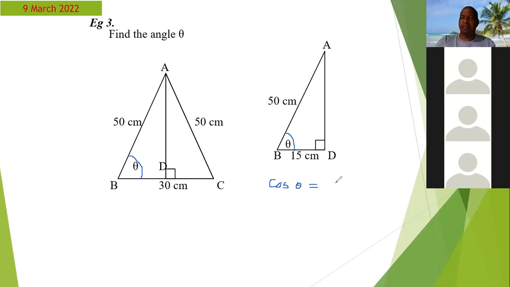Adjacent over hypotenuse, sir. So that would be 15 over 50, BD over AB.